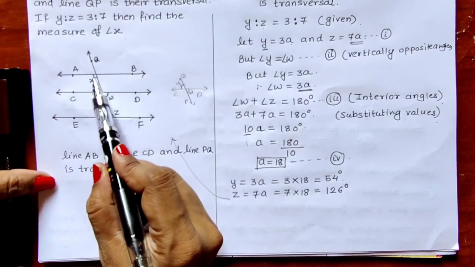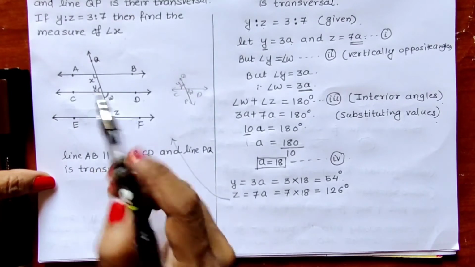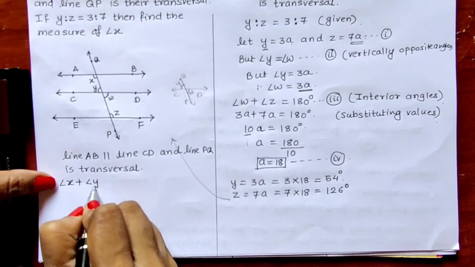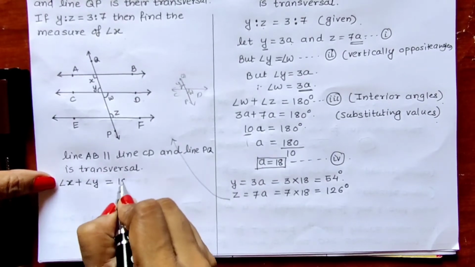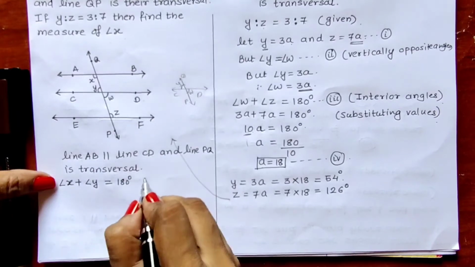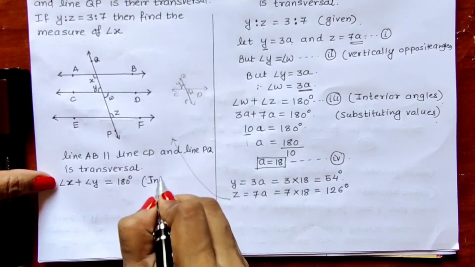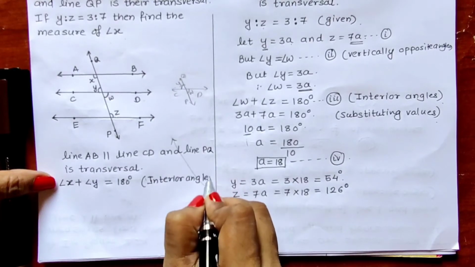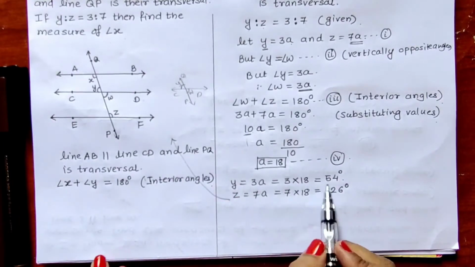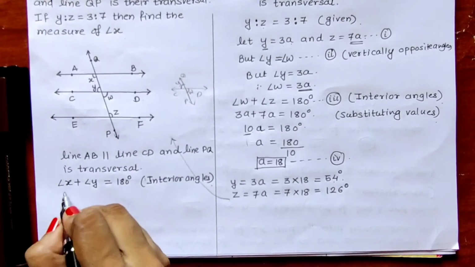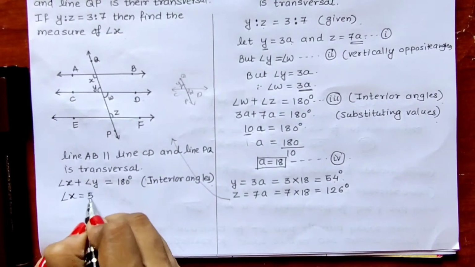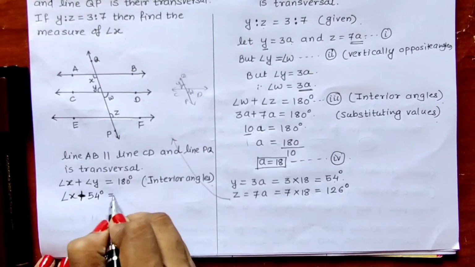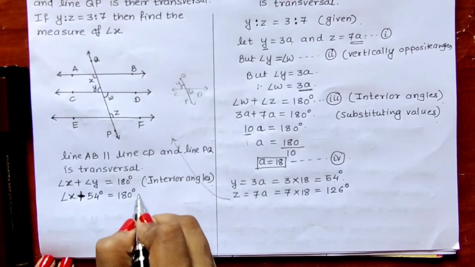So these two angles, angle X and Y, are interior angles and interior angles are supplementary, we all know. So angle X plus angle Y is equal to 180 degrees. The reason is they are interior angles. Angle Y we have got 54. X we will have to find out. So X plus 54 degrees is equal to 180 degrees.